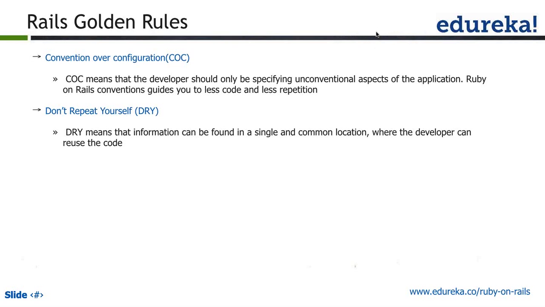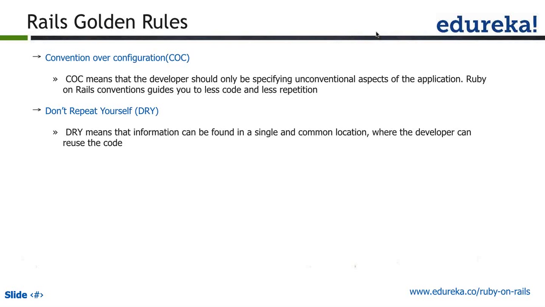Convention over configuration is a basic guiding principle of Ruby on Rails. If you have developed in any other web framework or language before, you typically have to configure a certain set of things. You have to say, for example, what is the name of the database. That's a basic thing. You have to tell where my models will be, where my views will be.